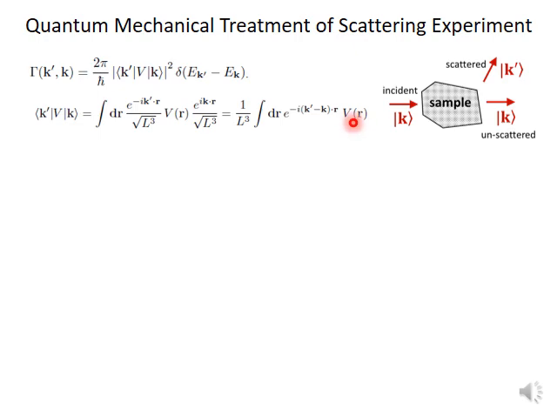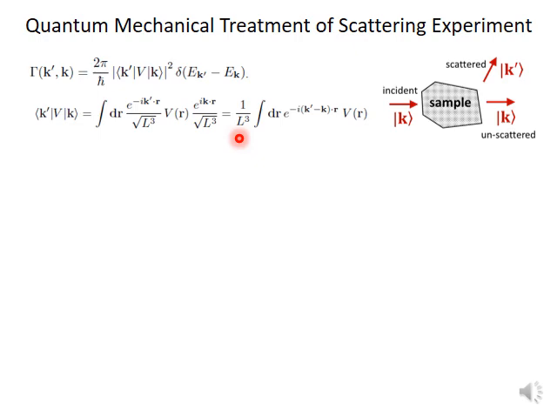So we want to find this transition rate of scattering from this state to a particular state given by this, and the matrix element here is given by such an integral multiplied by 1 over L cubed, where L cubed is the volume of the sample.